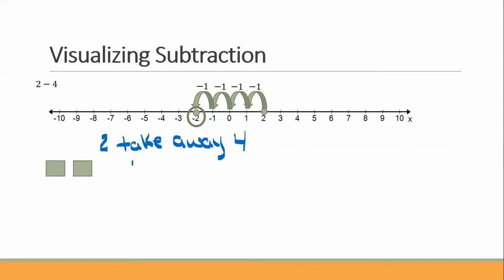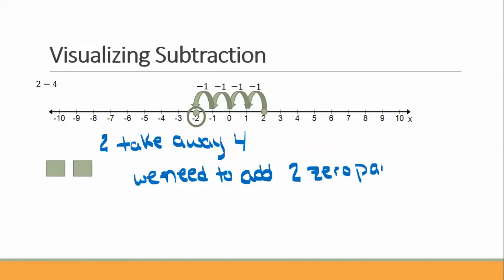So we need to add 2 0 pairs. The 0 pairs are like adding 0, like adding our additive inverses. But that's going to allow us to have 4 positive things to take away.